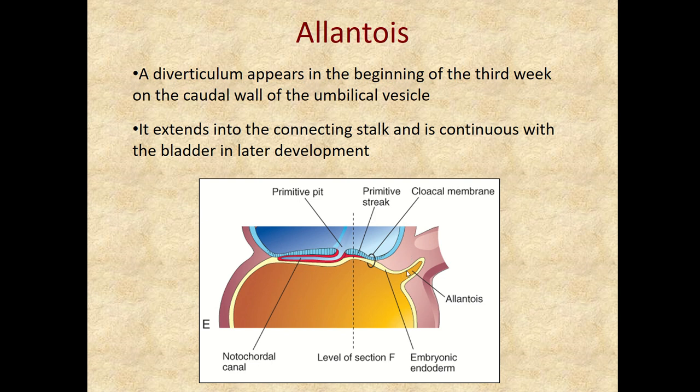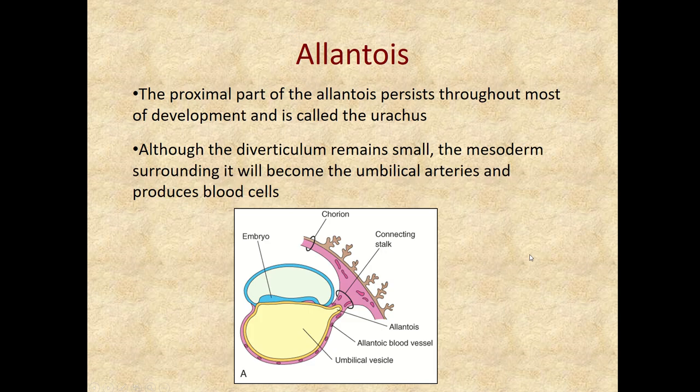And so this diverticulum just extends for a while. And it's going to remain relatively small and doesn't really have a whole lot of function in humans. But it is important in regards to the fact that it has some surrounding mesoderm around the allantois, and this mesoderm will develop into the umbilical arteries and will also be one of the first sites that's going to produce blood cells.